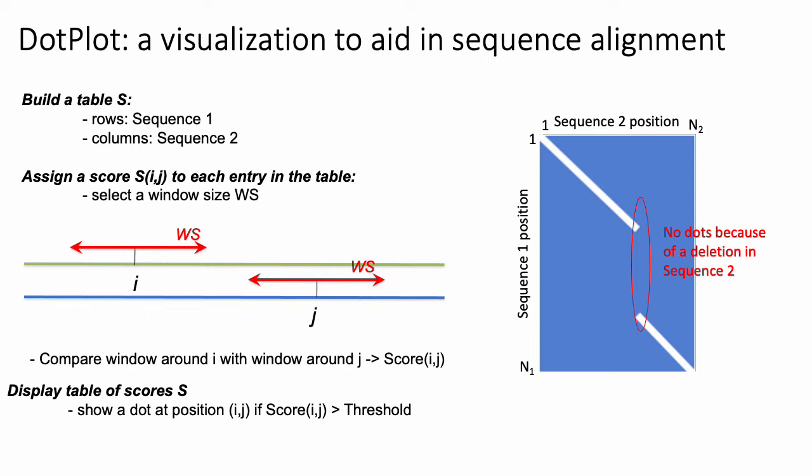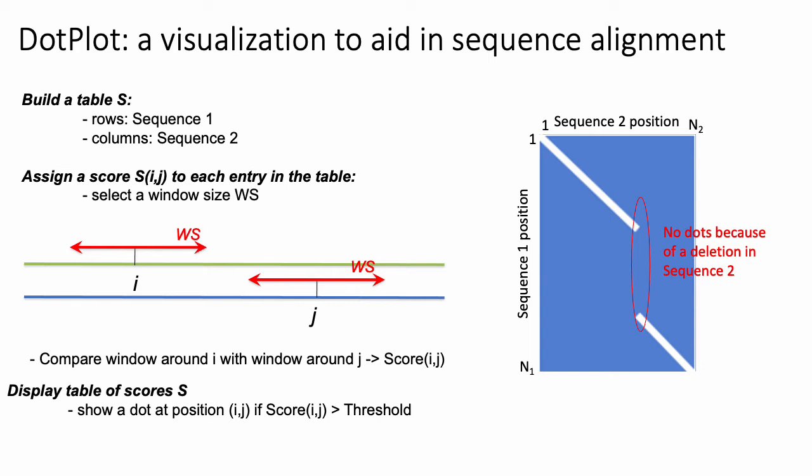Otherwise, it's 0. In the heat map on the right, blue means 0, so there's no strong similarity between most positions in sequence 1 and sequence 2. But where you see the white lines, that's where you have high sequence similarity between position I and J across sequences 1 and 2.